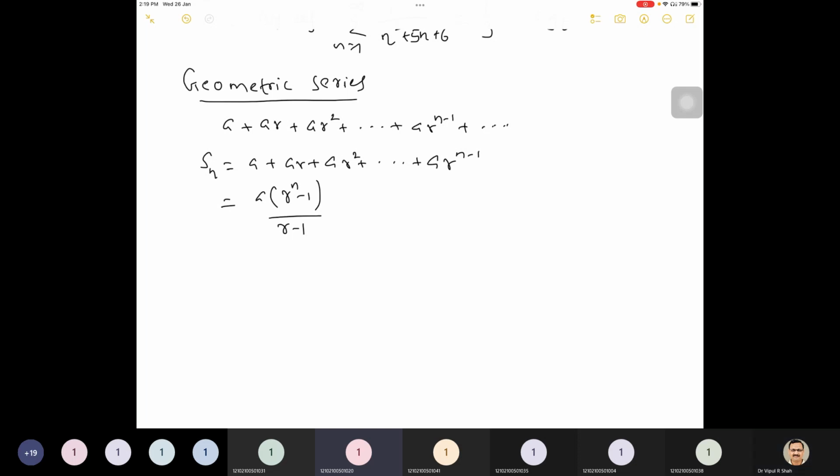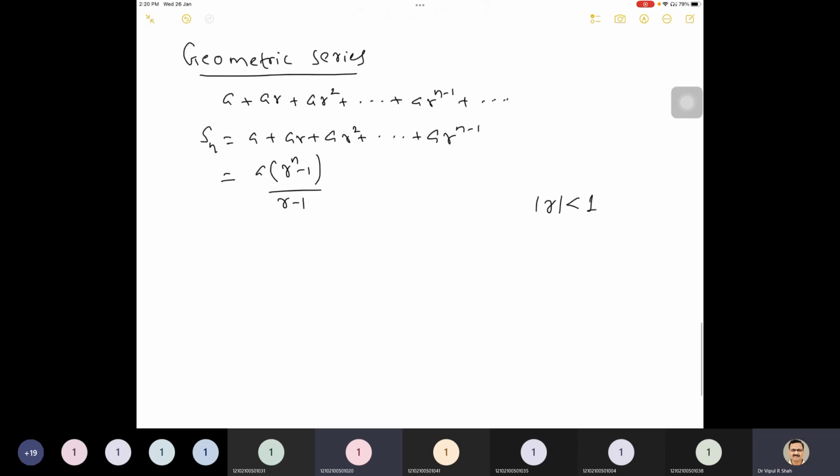Now see, even on the calculator, if you take any number whose modulus is less than 1, like 0.2, and then you take powers of 0.2, will it increase or decrease? It will be decreasing.